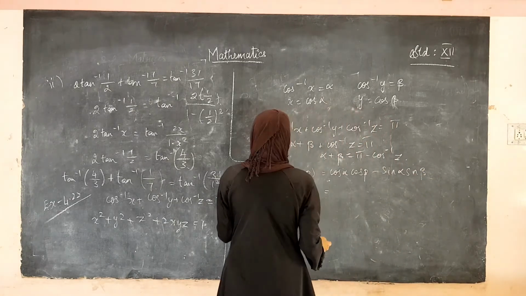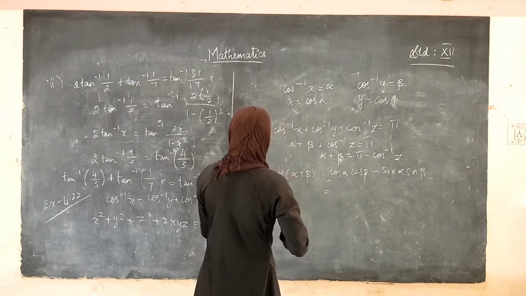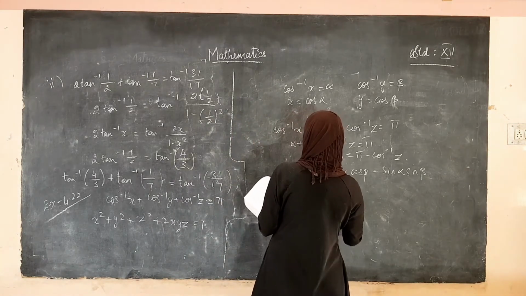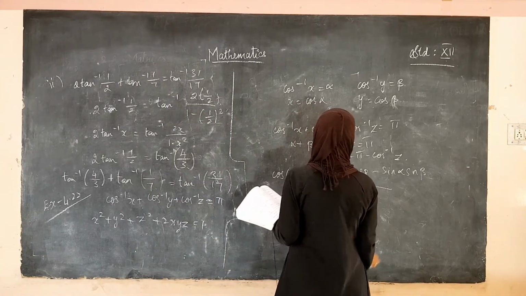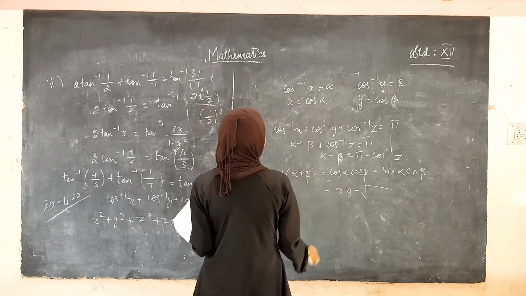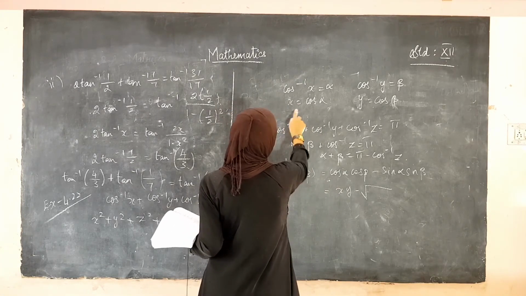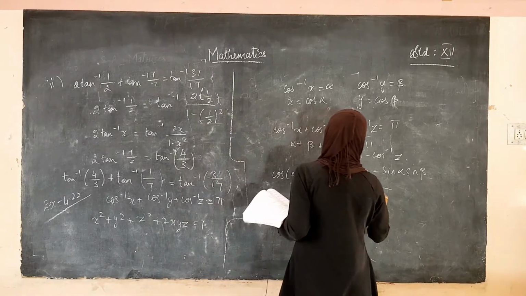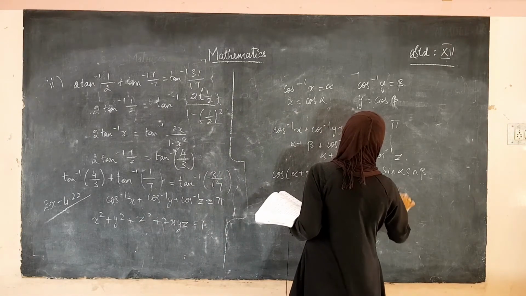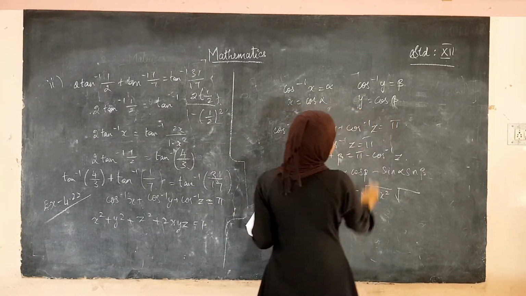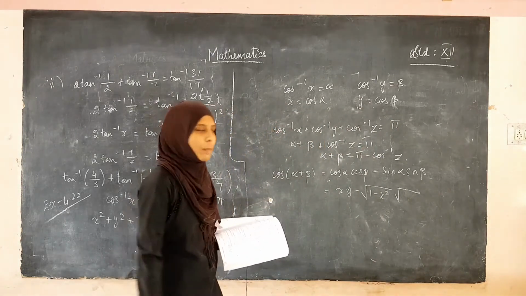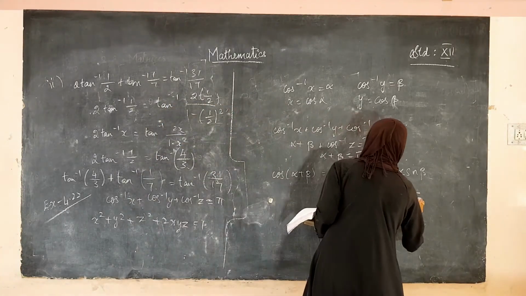So you have to substitute the values. What are the values? x into y minus root of... If cos alpha is equal to x, then sin alpha will be equal to root of 1 minus x squared, into, if cos beta is equal to y, then sin beta will be equal to root of 1 minus y squared.